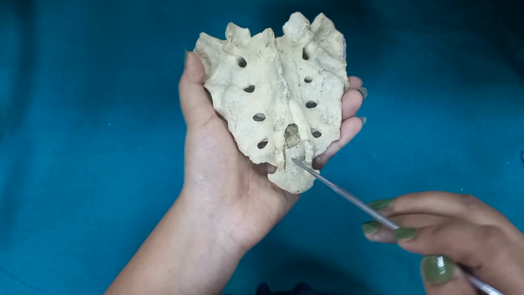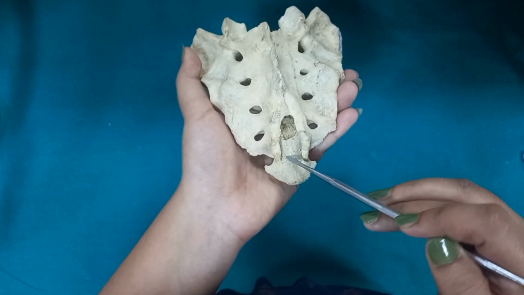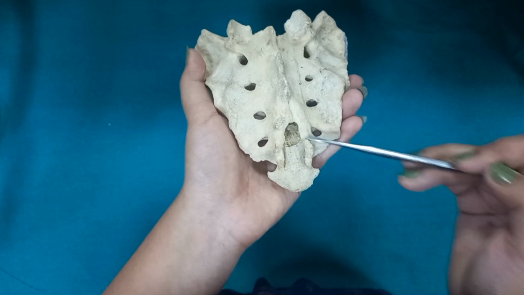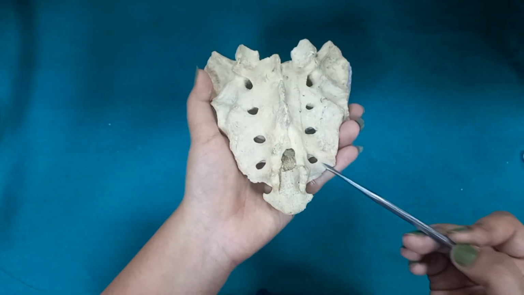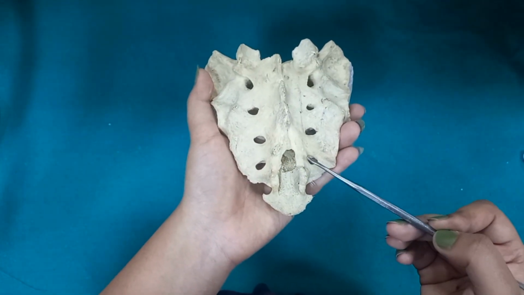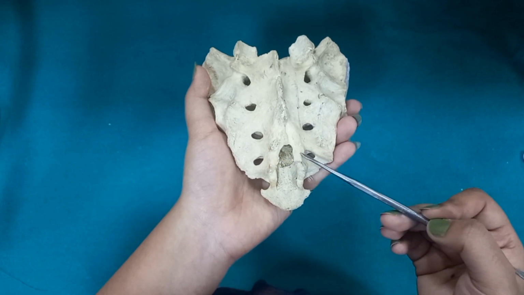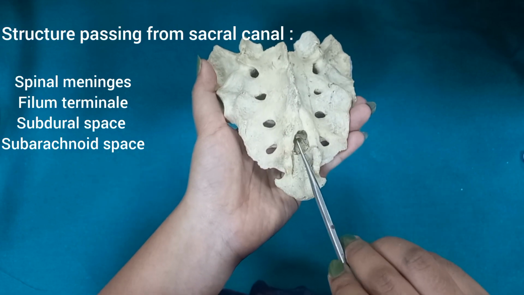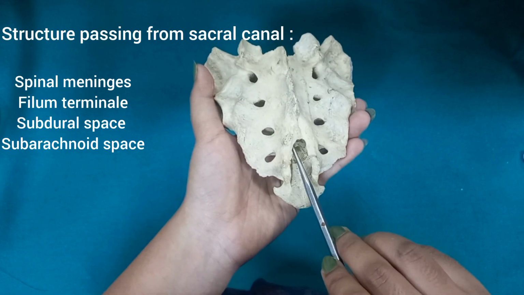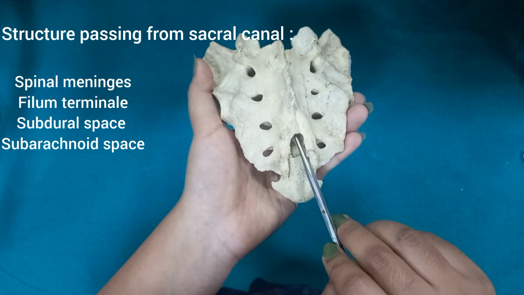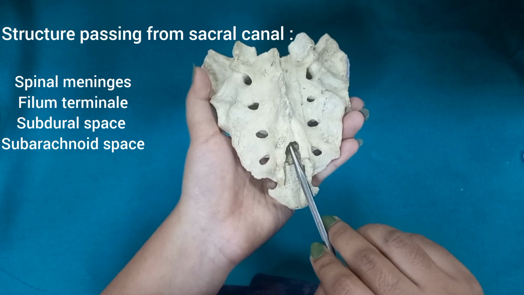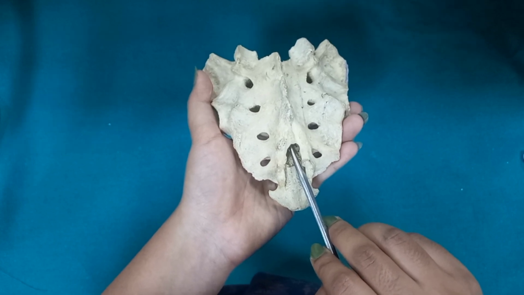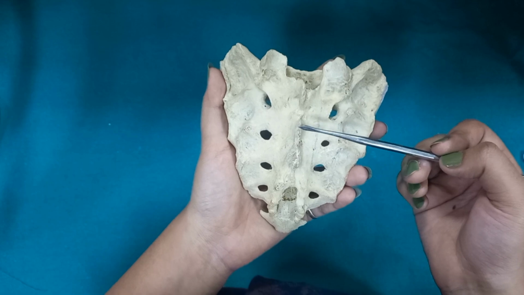Inferiorly, the canal opens at the sacral hiatus, and laterally it communicates through the intervertebral foramina. The sacral canal contains the spinal meninges, the filum terminale, and the subdural and subarachnoid spaces, and at the level of the second sacral vertebra.